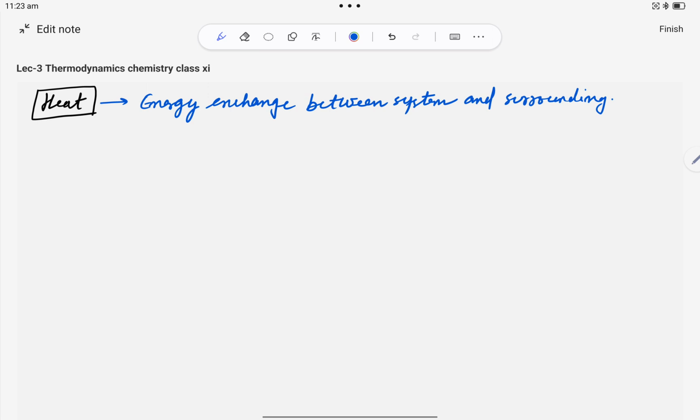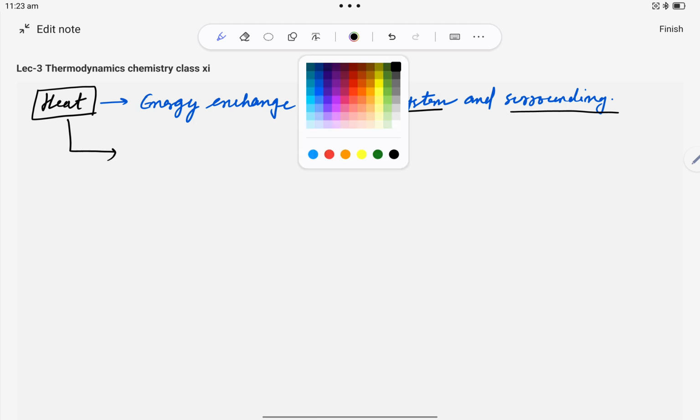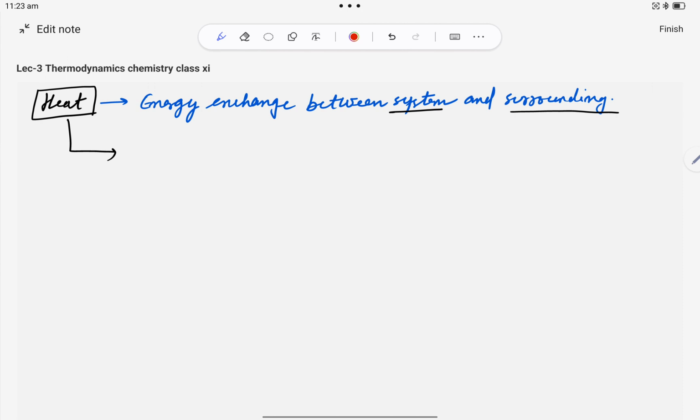Energy exchange, what I have written here, energy exchange between system and surrounding. You can say heat is a form of transfer of energy. So heat flows from which temperature to which temperature? Higher temperature to lower temperature.